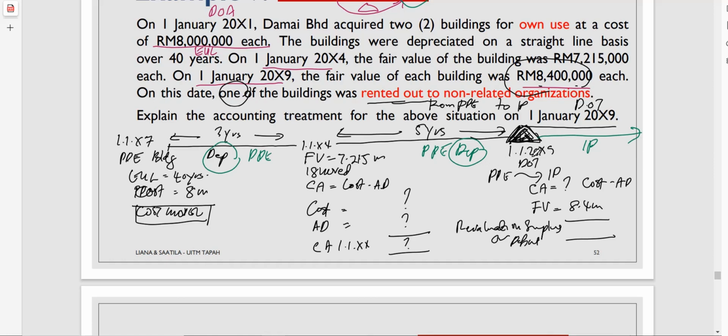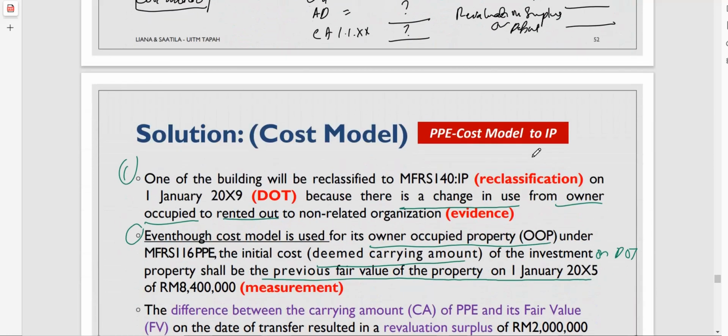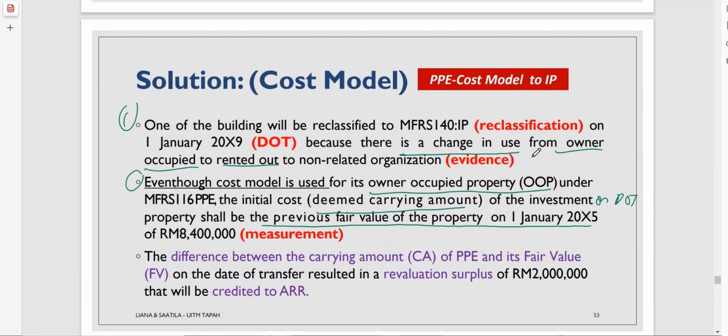Let us check. On the date of transfer, here should be X9, right? 2000 X9. So just make a correction there, please. It should be 8.4 million.